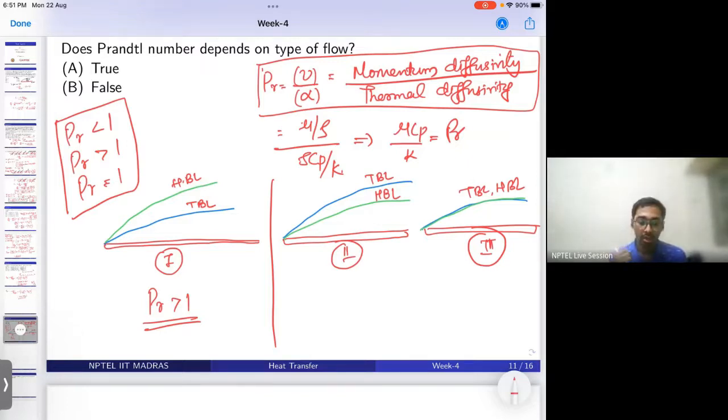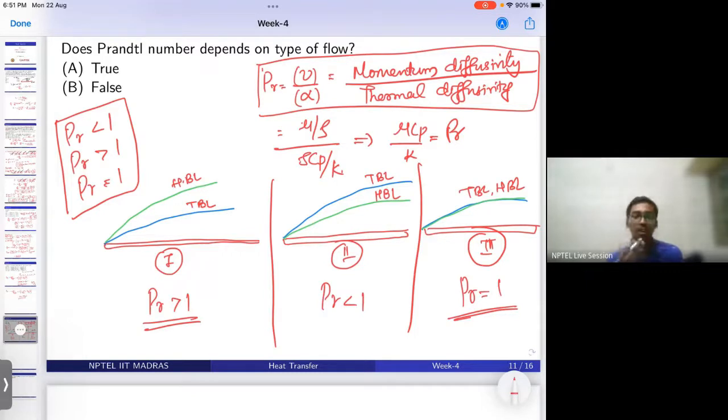So the denominator is greater than the numerator. So here the Prandtl number will be less than 1. In the third case, both are the same, so the Prandtl number will be equal to 1.